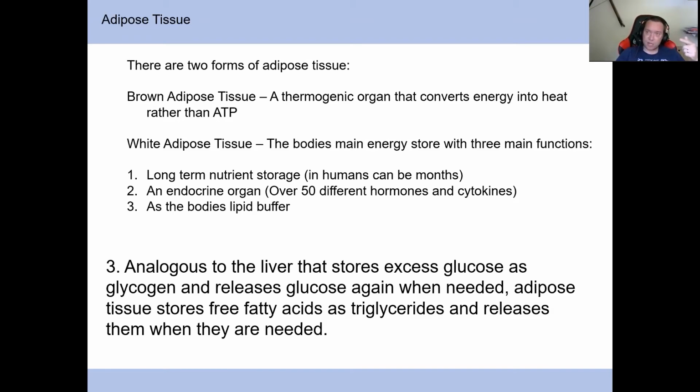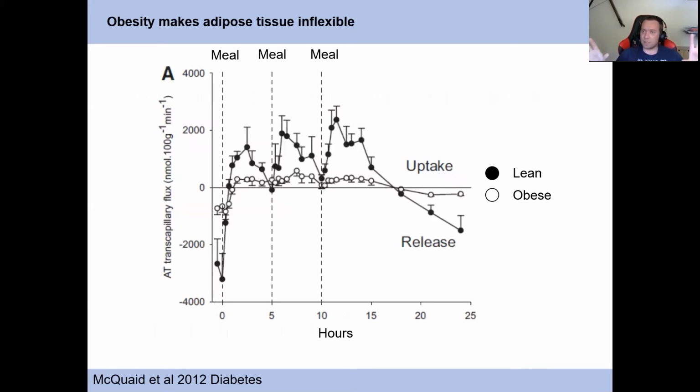And what's very interesting is that these processes are messed up in obesity. Okay, so this is another AV difference experiment. It's from Keith Frayn's laboratory in Oxford, and it's some lovely work done by Siobhan McQuaid back in 2012. It's not the first time they made this observation, but I like this graph a huge amount. And what it shows is lean, healthy individuals in black and obese individuals in white.